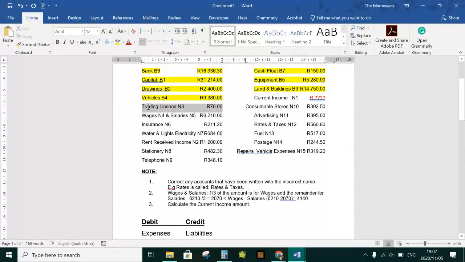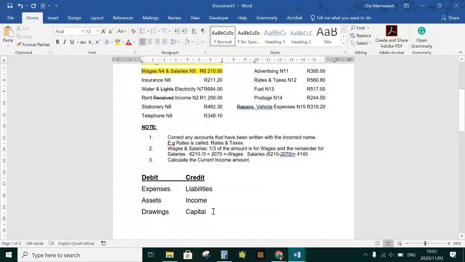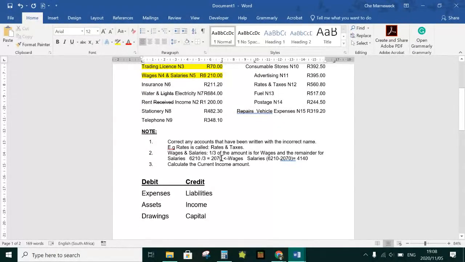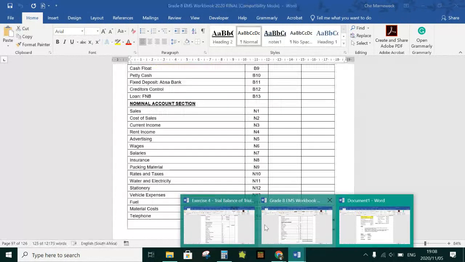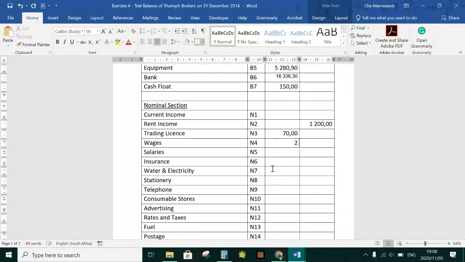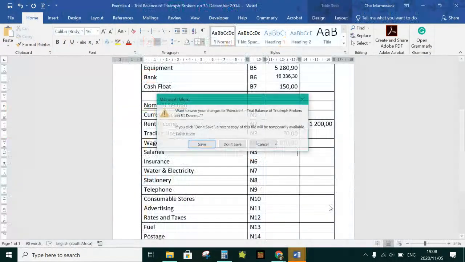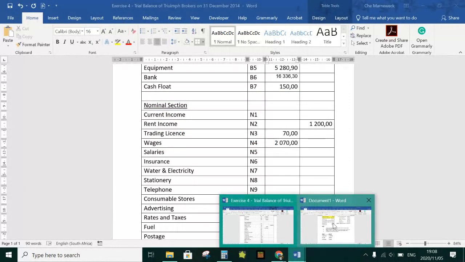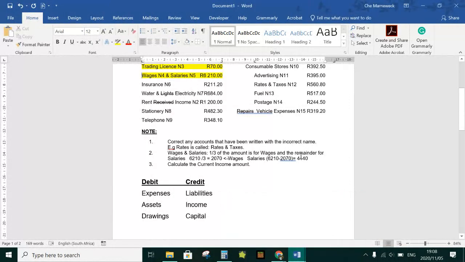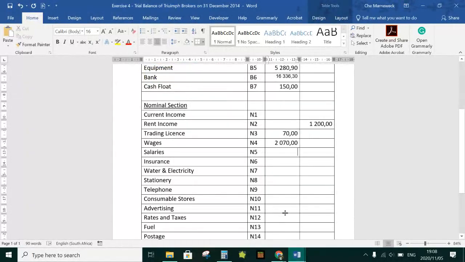I'm going to scratch off the wages and salaries. Remember, they're two separate accounts. Wages we worked out to be 2,070.00. And salaries we worked out to be 4,140.